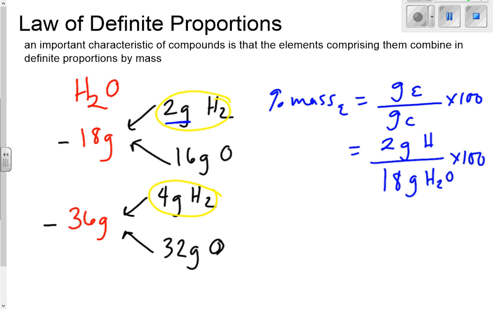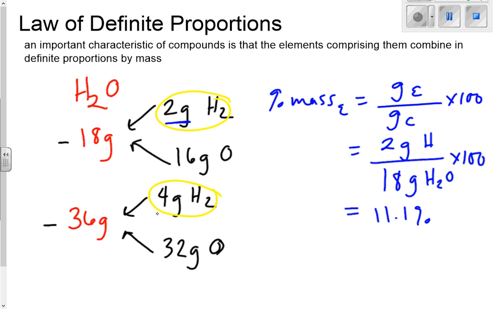And let me get my calculator out real quick. Wasn't really prepared to do this. So let's see. 2 divided by 18, not the best of mental math, is 0.11111 times 100. And so we're going to get that percent mass of hydrogen in water is always going to be 11.1%.